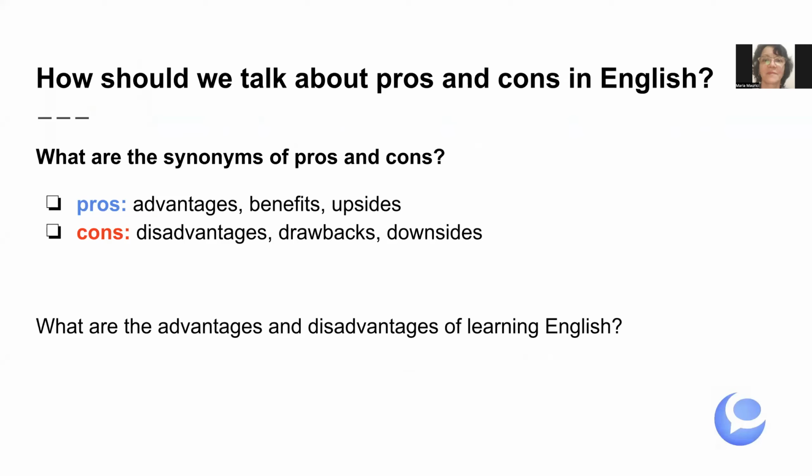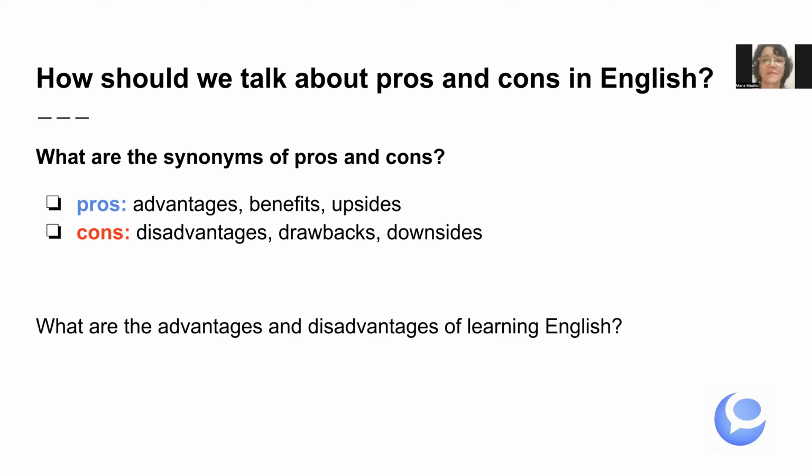We're going to talk about how we can talk about the pros and the cons in English. The first thing to know is what are the synonyms of pros and what are the synonyms of cons? Obviously, pro means an advantage.